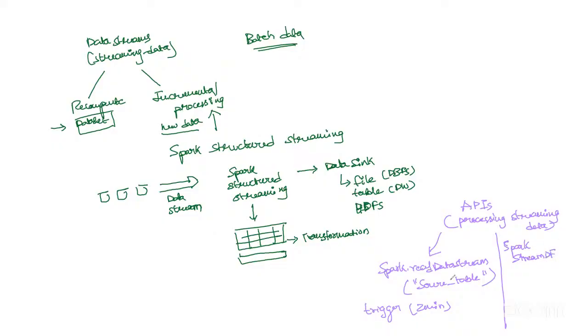You read the data that is continuously coming, and after your transformation, you make the data available as a data frame. Now on that data frame, you just say writeStream, and to a table or to a data frame again. writeStream.table, and you will write to the target table.